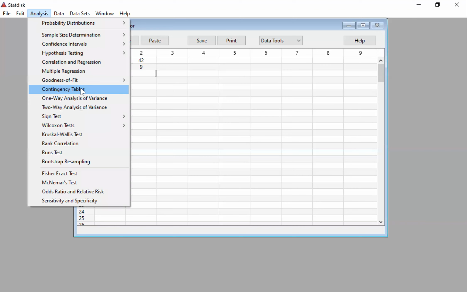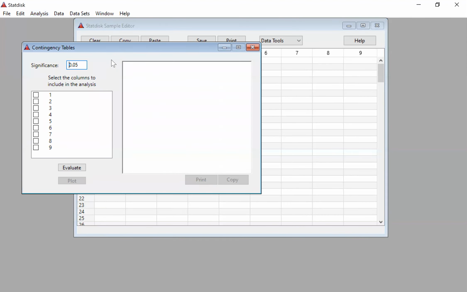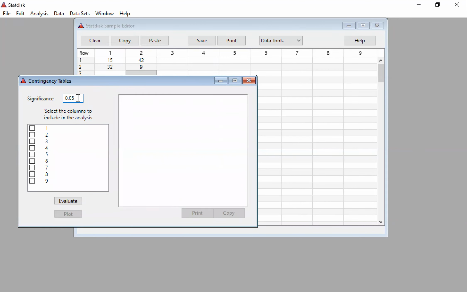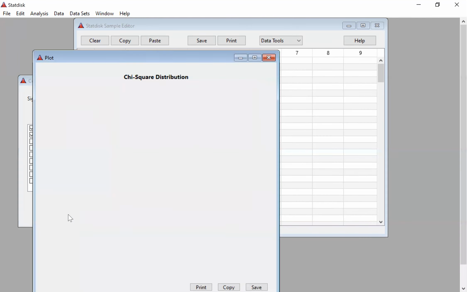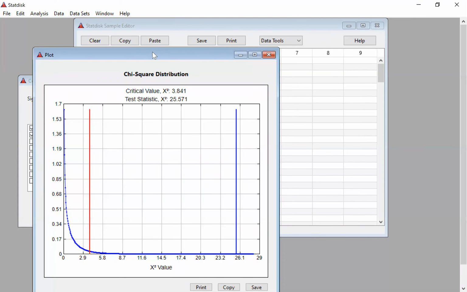We're going to go to analysis, contingency tables. Make sure our significance level is what we want it to be. I put this table in columns 1 and 2, so that's what I'll check. Hit evaluate and hit plot. And what we see is our test statistic is definitely off in the tail there.